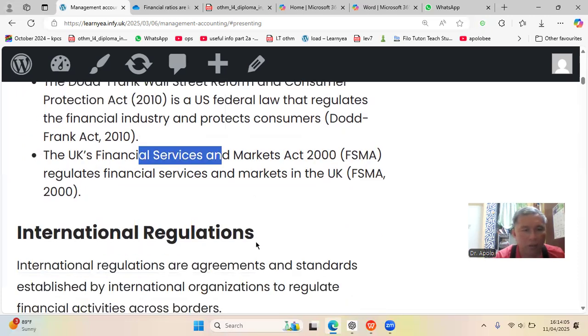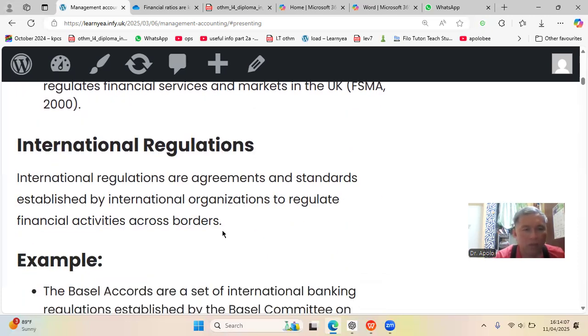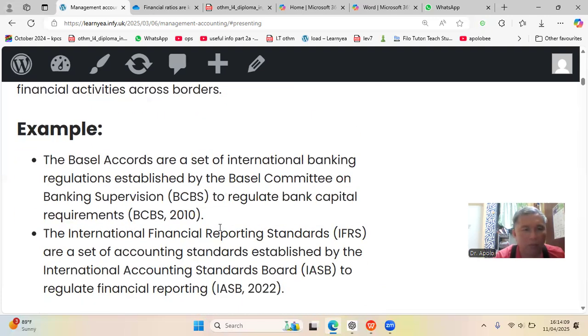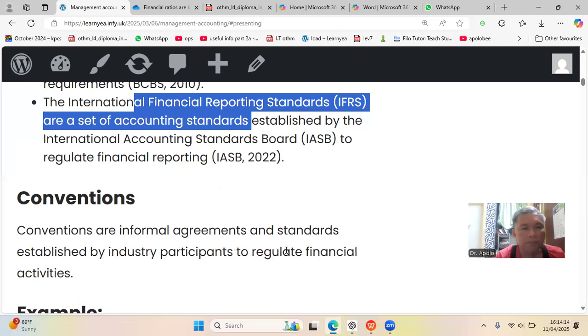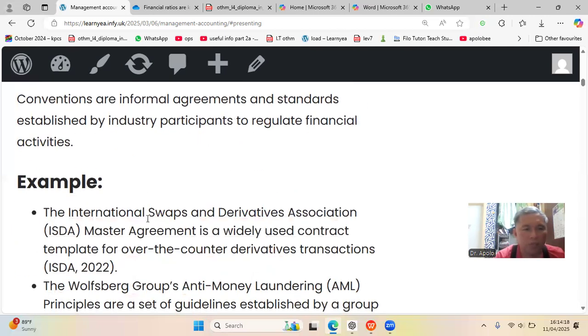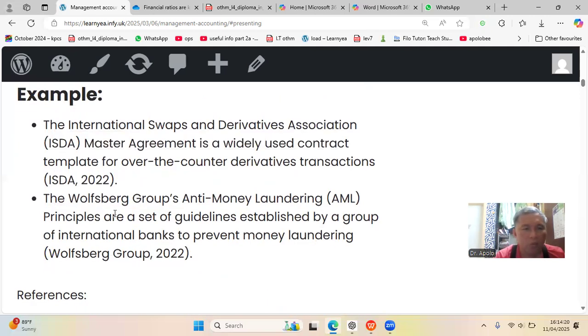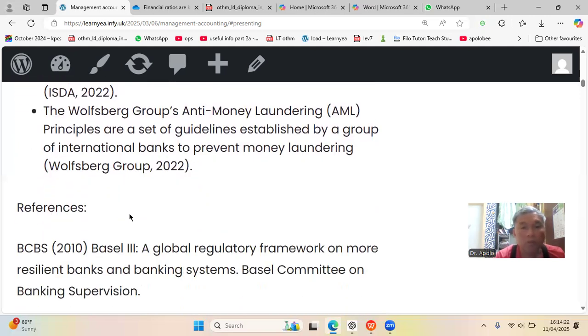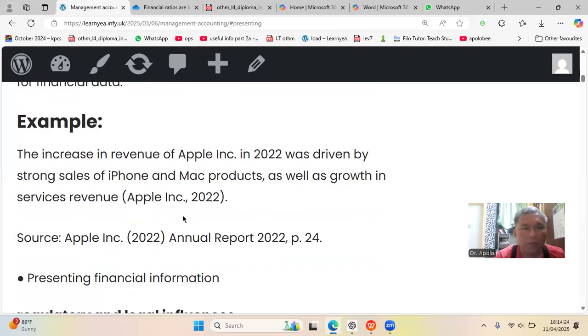These are the regulations. We have international regulations, for example, Basel Accords and International Financial Reporting Standards. And then we have conventions, for example, international swaps and derivatives, the Wolfsberg principles. So those are the ways of presenting information.